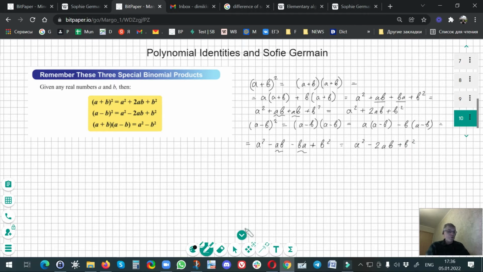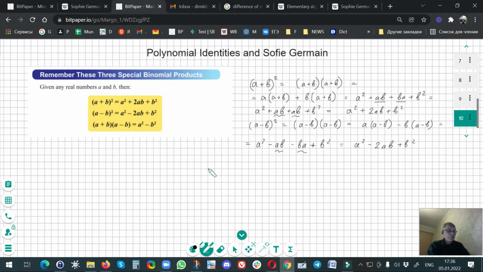So when you memorize this, you remember that this plus goes here, and this minus goes here, in front of the double product of the two quantities.